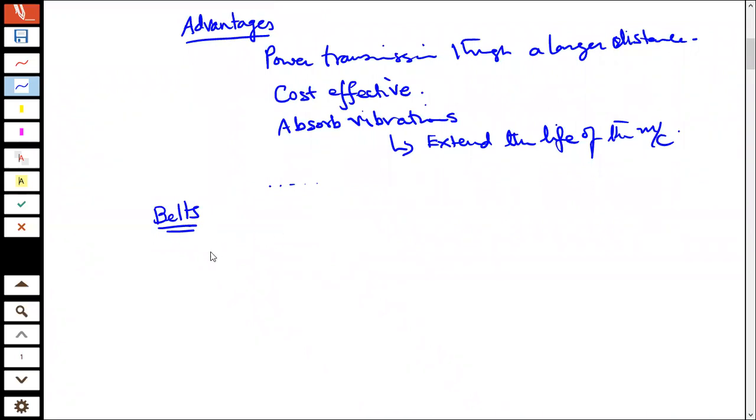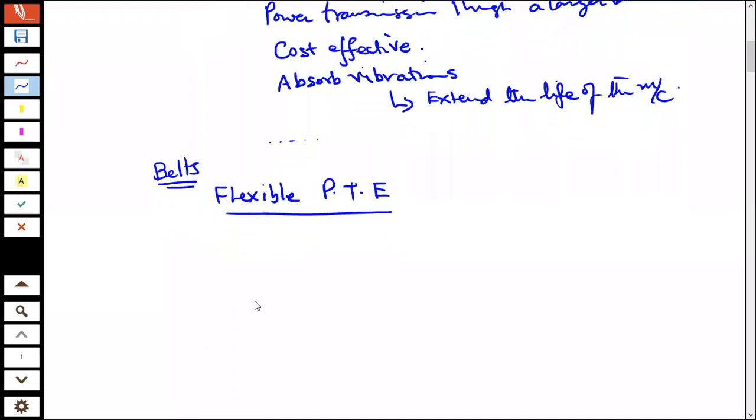What are belts? Belts are flexible power transmission elements, and these are used, again, when you have a larger distance.